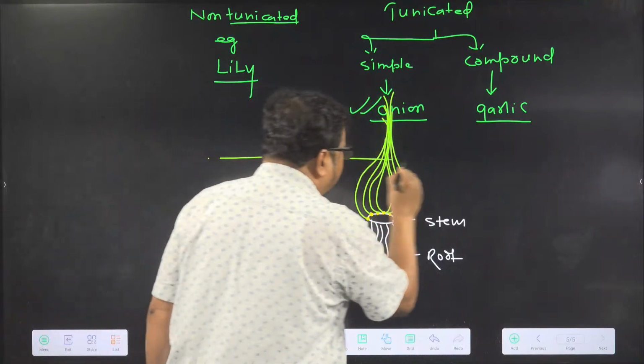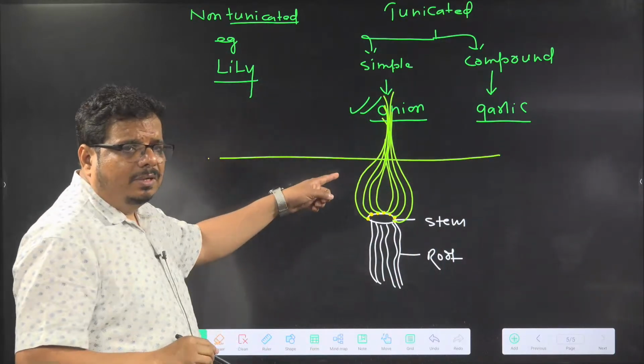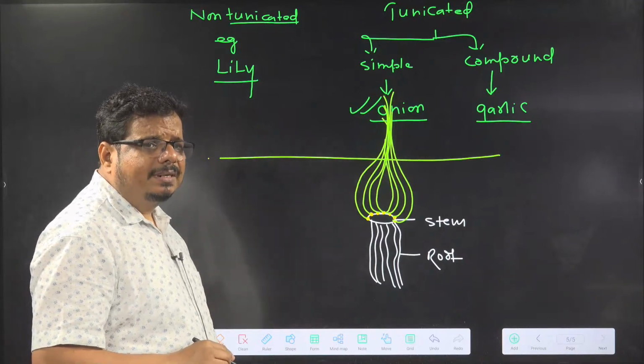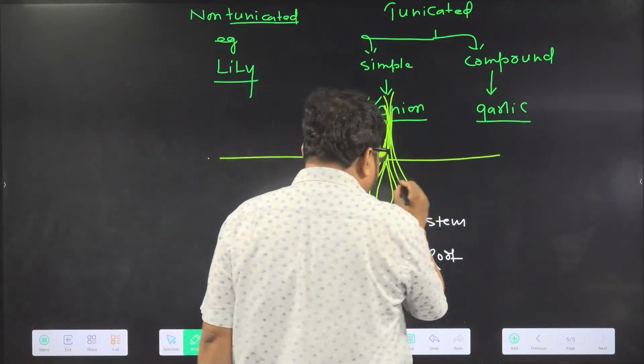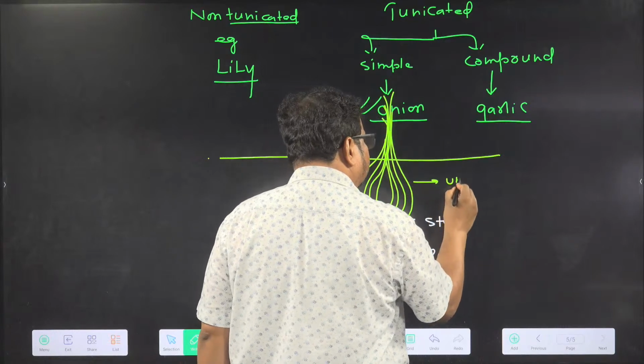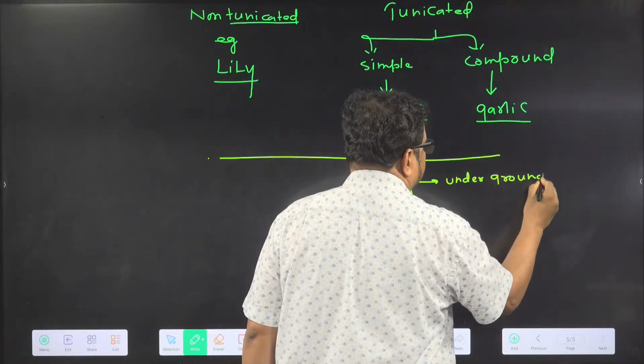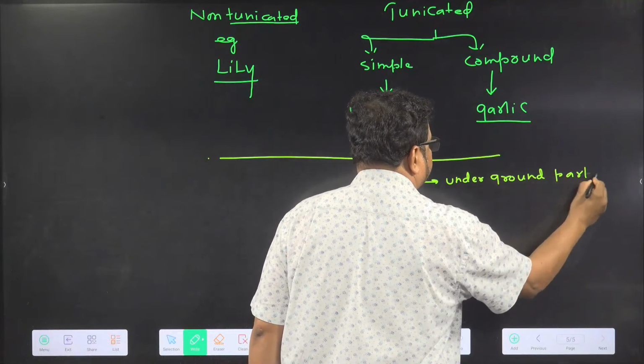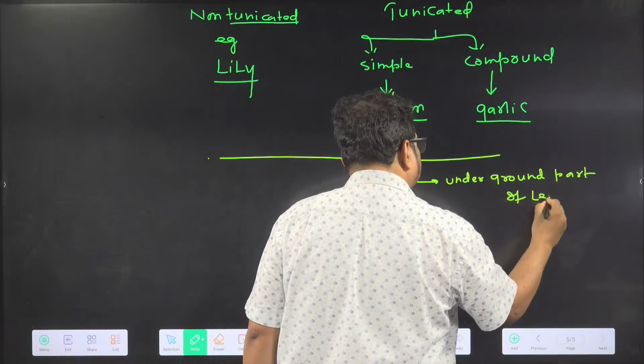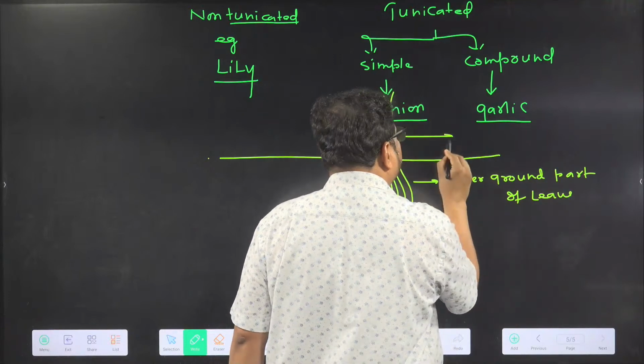That part of the leaf present under the ground is the underground part of the leaf. And here, above the ground.